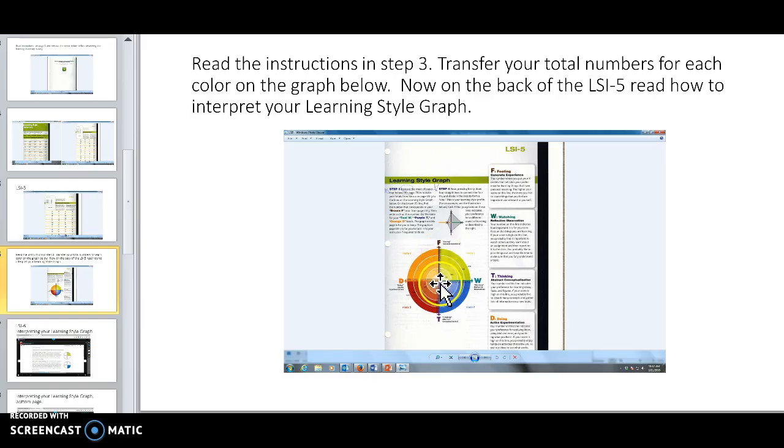And I would do the same for the total for my W's, the total for T's, and the total for D's. Next step will be to create a graph. So I will draw a line from one point to the other to create my graph. And my graph might be more towards the green or the orange or more towards the blue. It all depends on how you answered your questions.